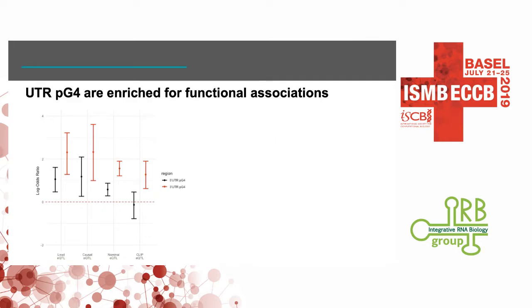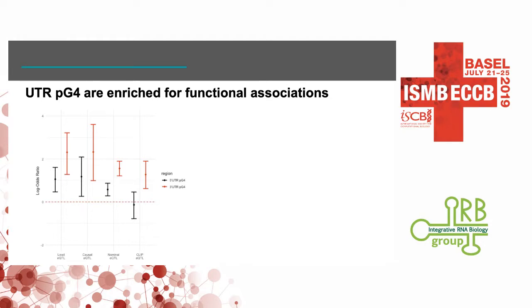We can do this for different sets of eQTLs. So here I'm showing you, on the furthest left, lead eQTLs. So these are the lowest p-value variants that are associated with changes in gene expression for a given gene, or a set of causal eQTLs that are defined by a different study, or nominally significant eQTLs. There's enrichment for variants that are associated with changes in gene expression across 5' and 3' UTR G4 contexts.